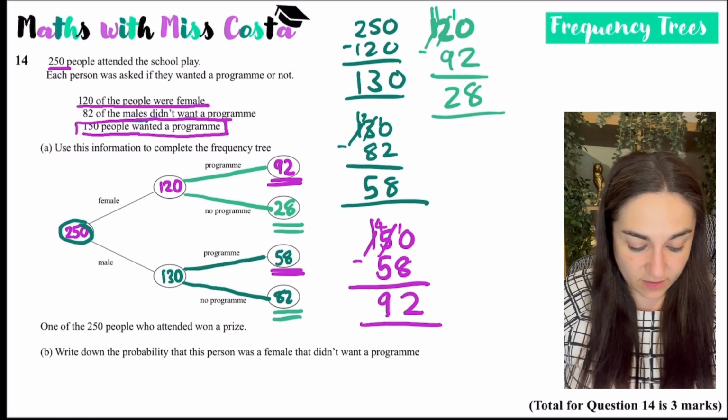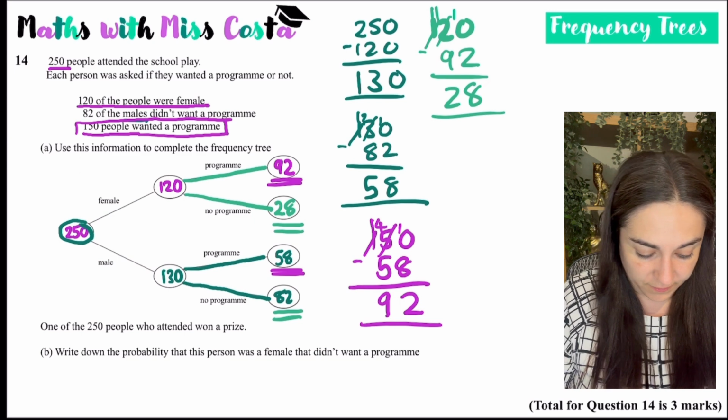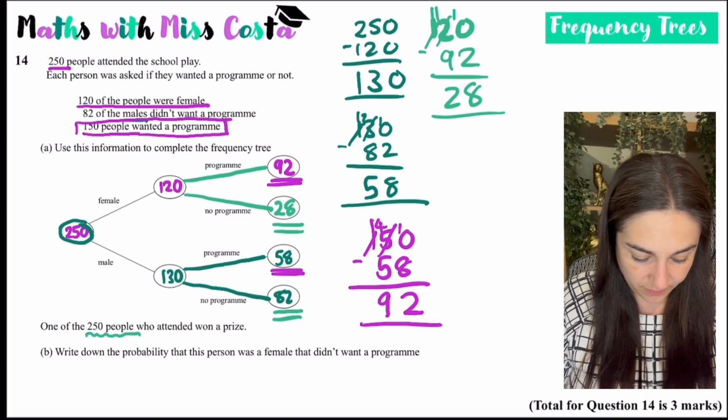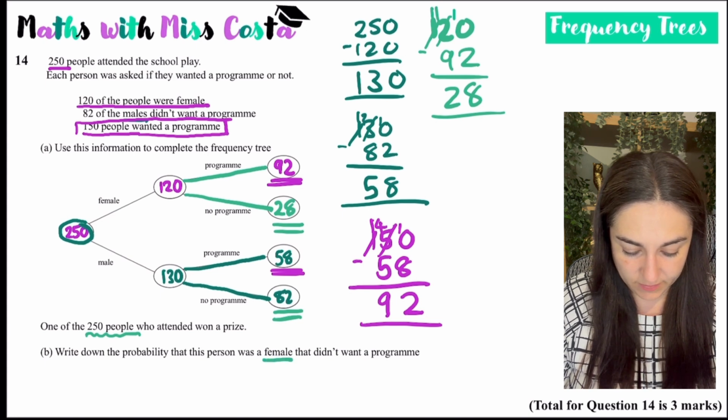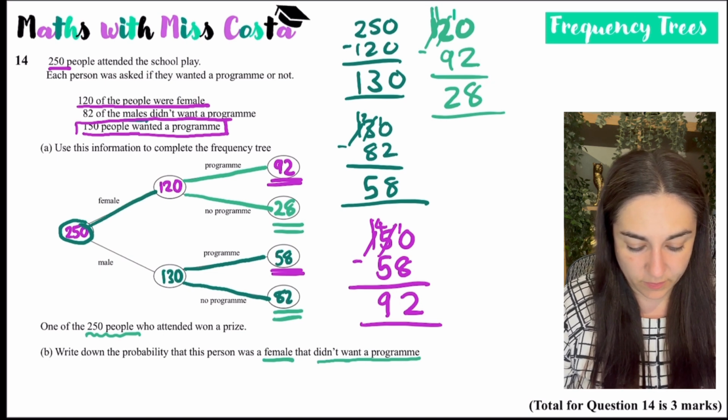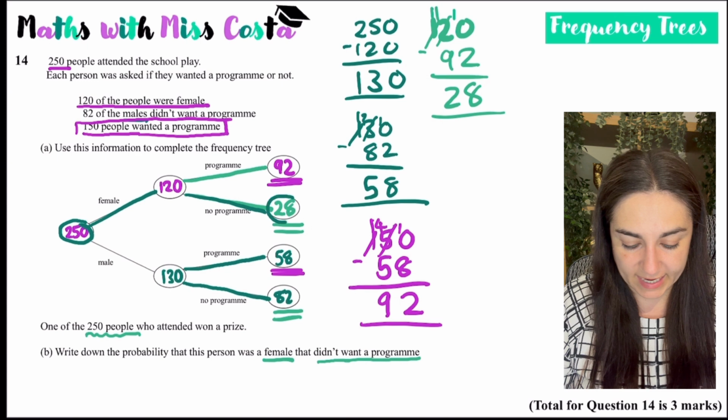For part B, I'm told that one of the 250 people who attended won a prize. Write down the probability that this person was a female that didn't want a program. So a female that didn't want the program, I go along with female, no program, that's 28 people.